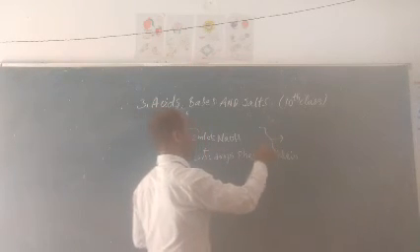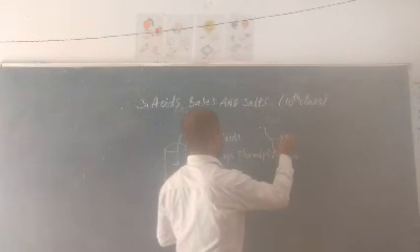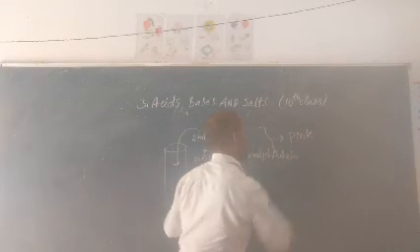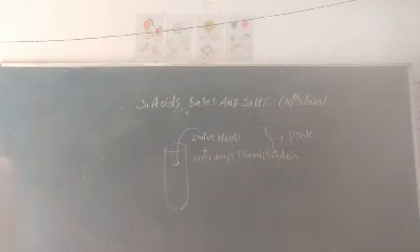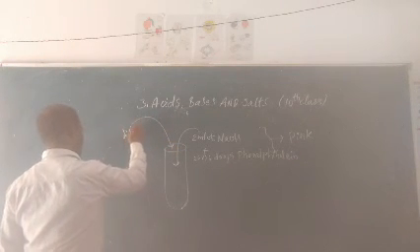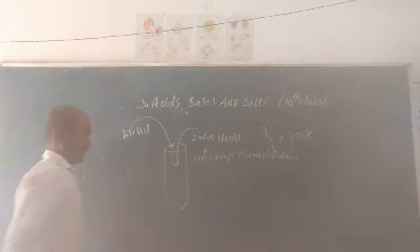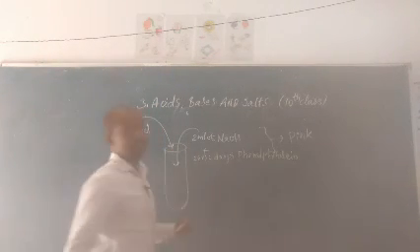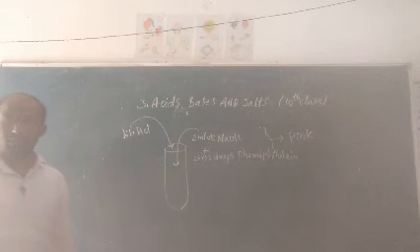Both react and it forms a pink color. At that moment, if you add dilute HCl to this test tube, drop by drop, then automatically what will happen? This pink color is going to disappear.